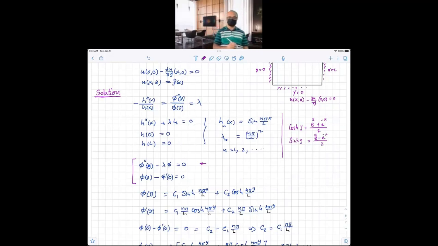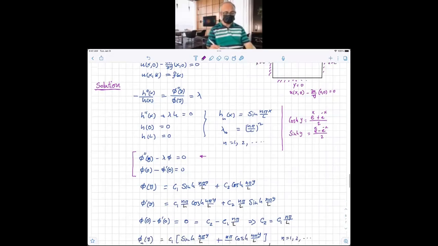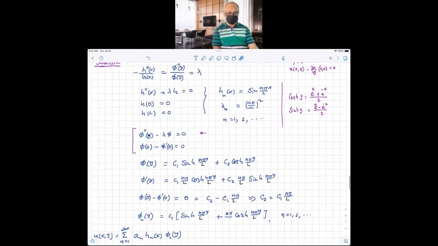So if you write that, then you can have this sin hyperbolic. One will be sin hyperbolic, one will be cos hyperbolic, and make a linear combination, and then apply this boundary condition. So you differentiate and then form this.